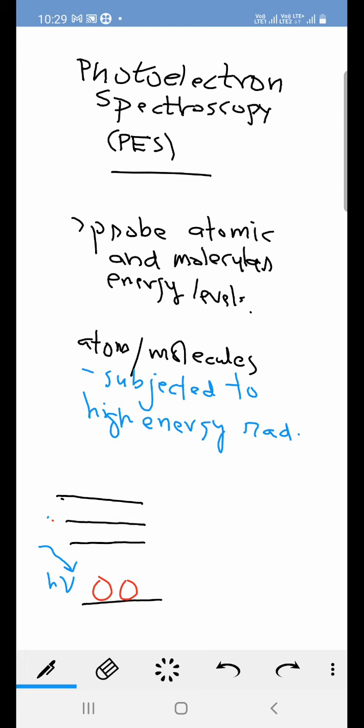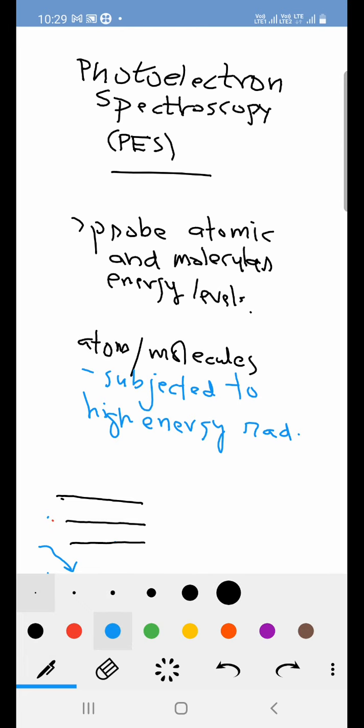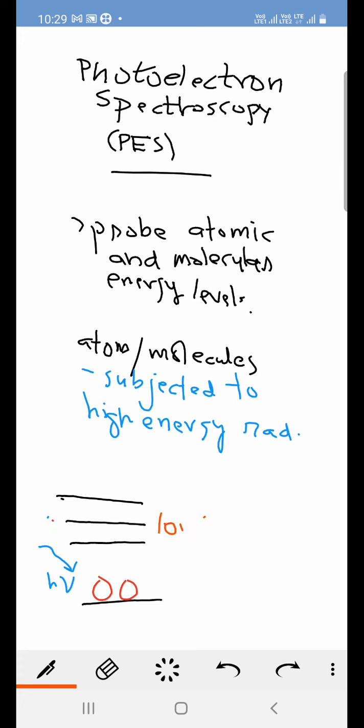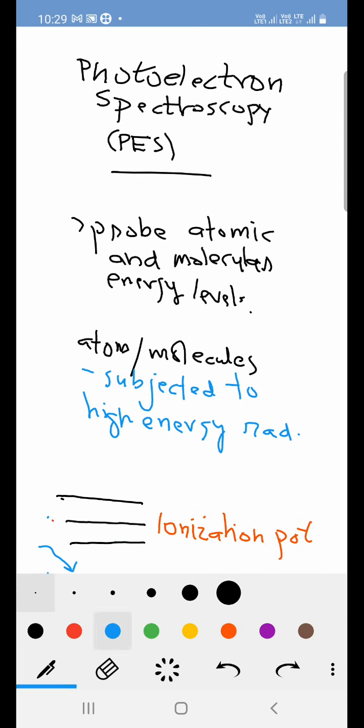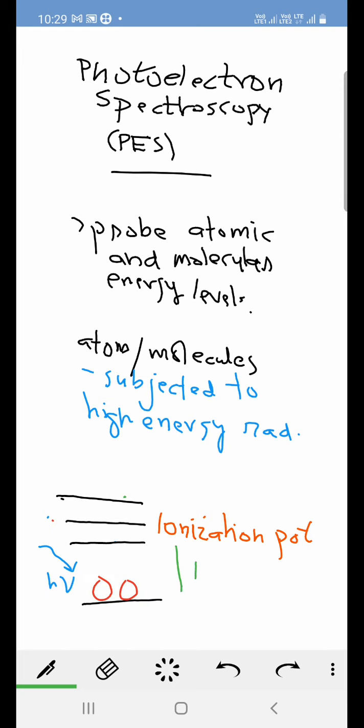So there is always a binding energy. There is always an ionization potential. And there is always a binding energy involved. So once the kinetic energy achieved by the electrons overshoots its potential, an electron is ejected.